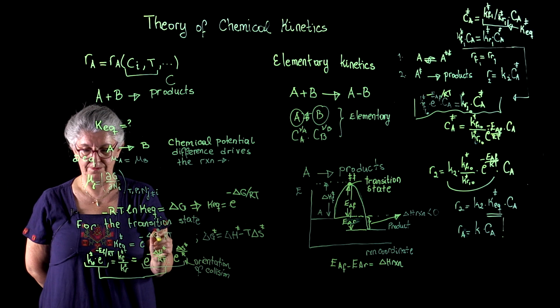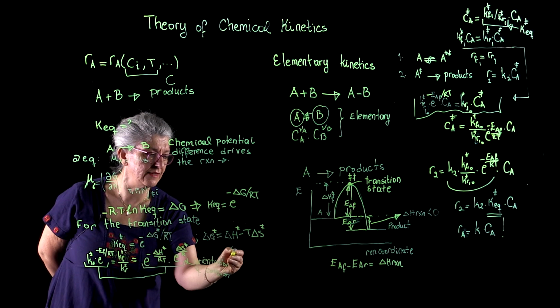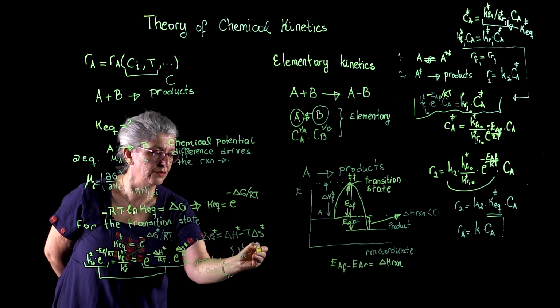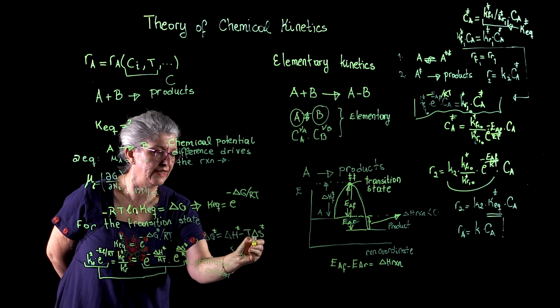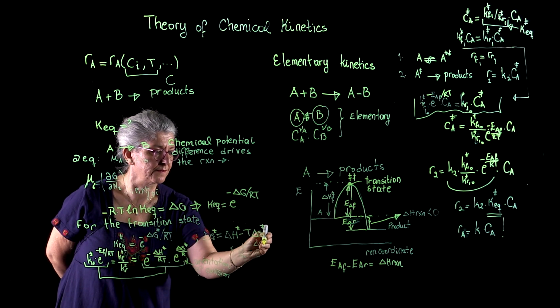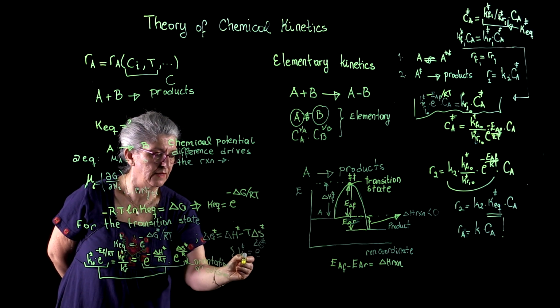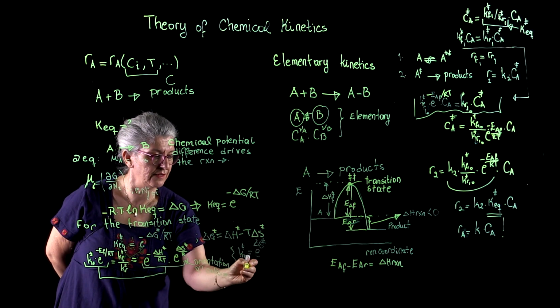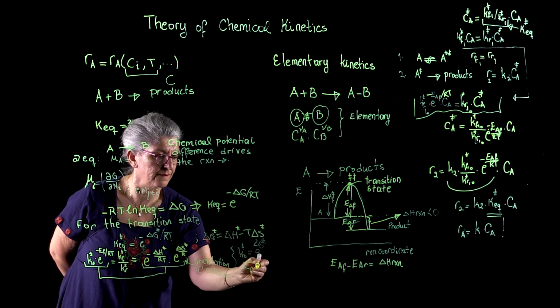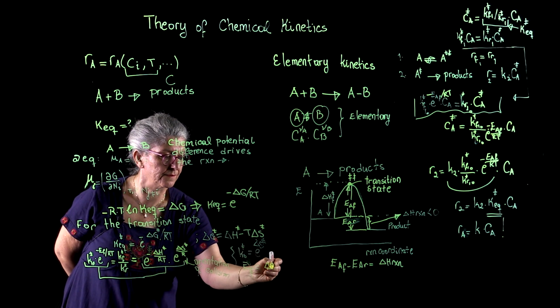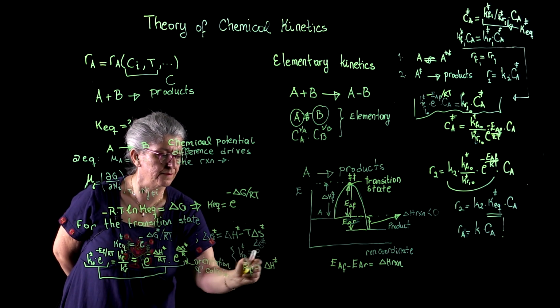So, to summarize, K0 is equal to e to the delta S dagger, and activation energy is this.